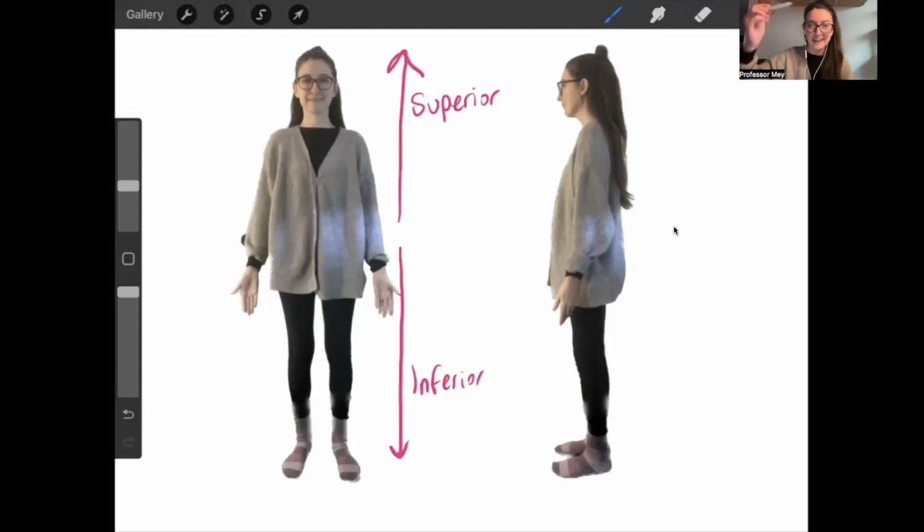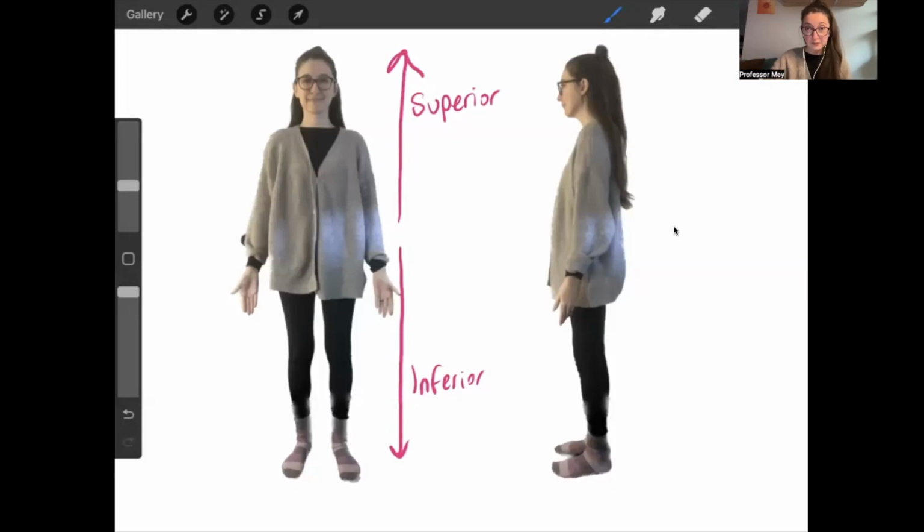Because you're above that. Anything that is superior is going to be above. And on the flip side, anything that is below you is inferior to you, right? They are not as good as you. That is what it means to be inferior in a social context. So inferior means below and superior means above something. In this context, my feet are inferior to my head and my head is superior to my feet.